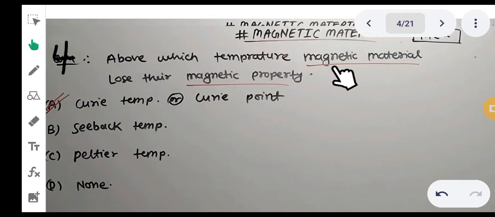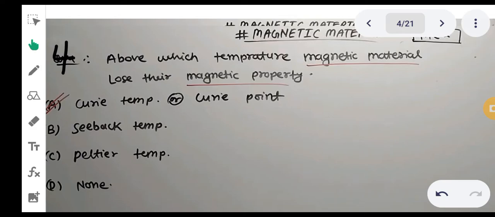Okay. So question 4. Above which temperature does a magnetic material lose its magnetic property? So the answer is Curie temperature. So we have Curie temperature, Seebeck temperature, the Peltier temperature, and none. We have also another temperature we call the Néel temperature, so we will come across that.